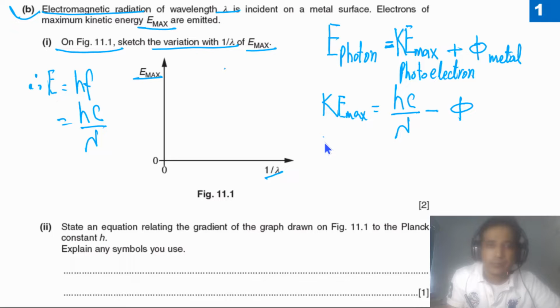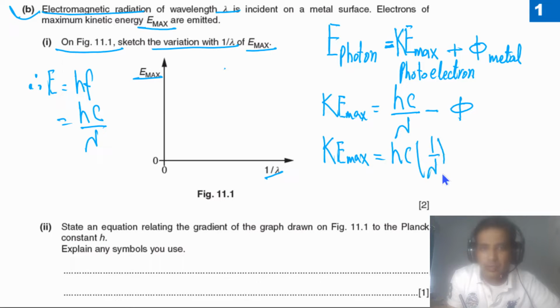We can further rearrange this one. We can say Emax is equal to hc times 1 over lambda minus the work function. Now simply we can compare this one with the straight line equation, y equals mx plus c.